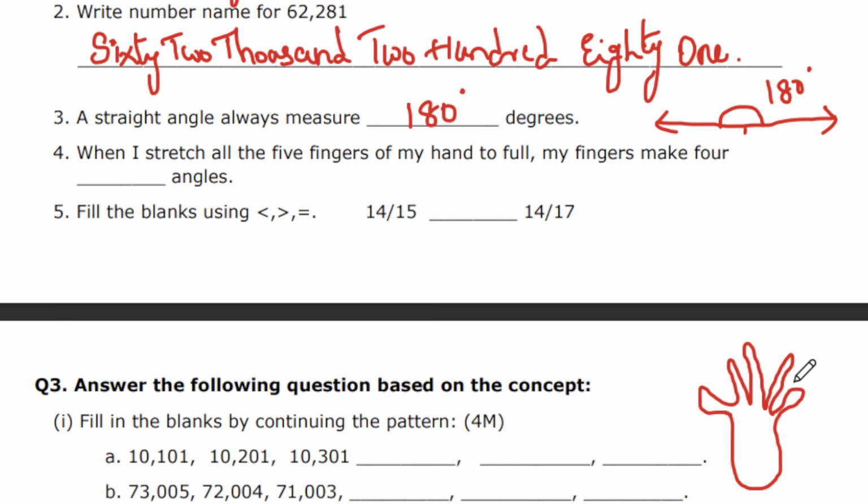If you stretch all these, you will get an acute angle, which is less than 90 degrees. However hard you try to stretch, you cannot make a right angle when all the fingers are open, so it is an acute angle.